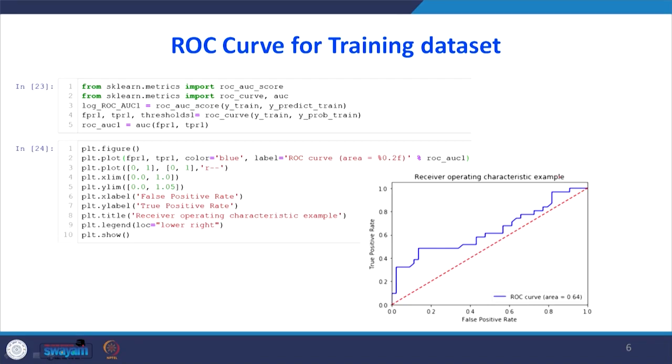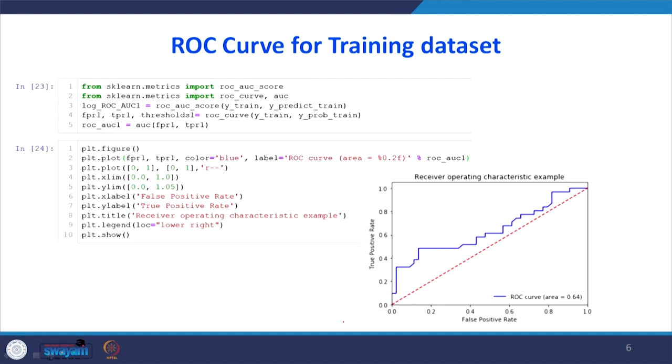From sklearn.metrics import roc_auc_score, roc_curve, auc. Then log_roc_auc1 equals roc_auc_score(y_train, y_predict_train). Then we find the false positive rate, true positive rate, and thresholds: fpr1, tpr1, threshold1 equals roc_curve(y_train, y_probability_train).